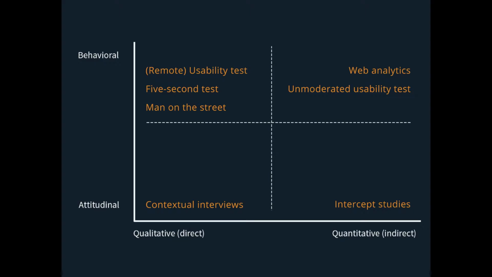So I want to focus in on 3 of them that I commonly use. At the beginning of a project, there's often not a lot of insight into what users are doing other than from what you can hear from your clients. So I always try to first take a look at web analytics.